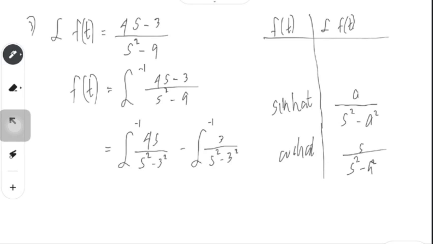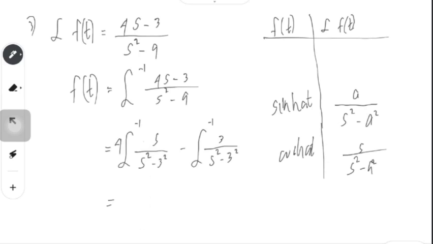Then if we compare with the standard Laplace transform, tingnan niyo yung s. Dapat walang coefficient eh. Anyway, 4 can be factored out. Pwede nating ilabas itong 4. Still the same.